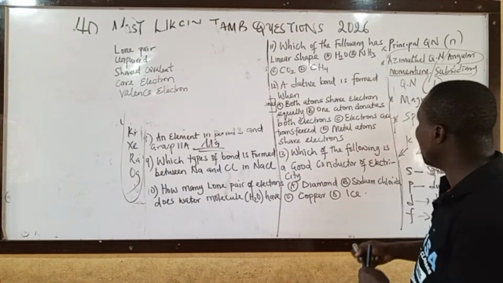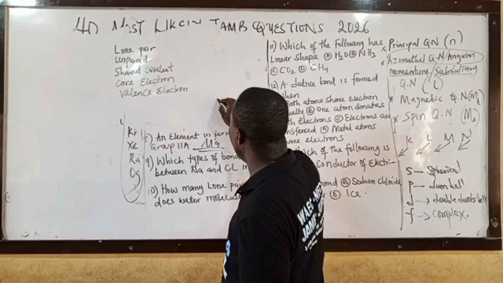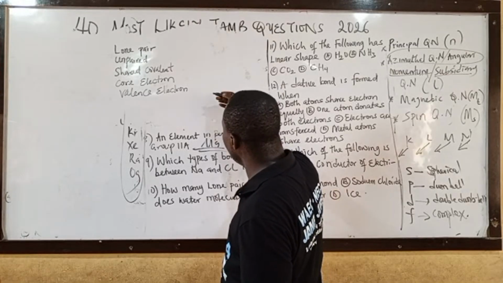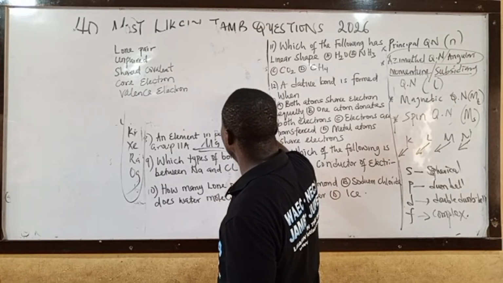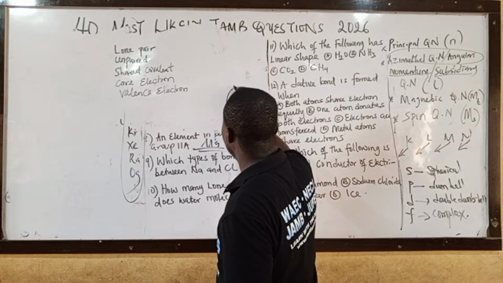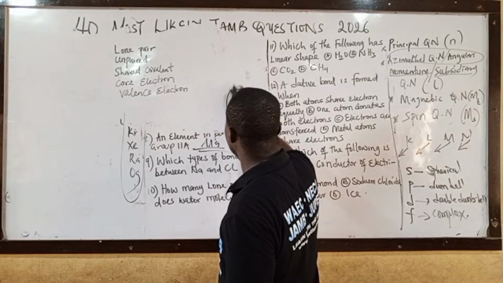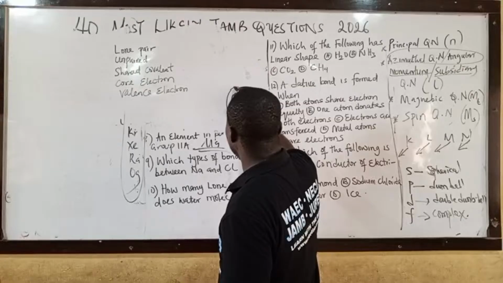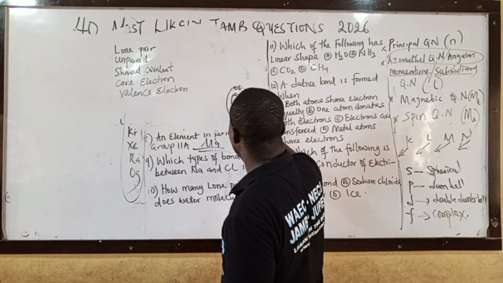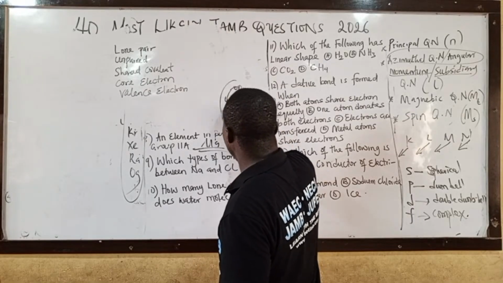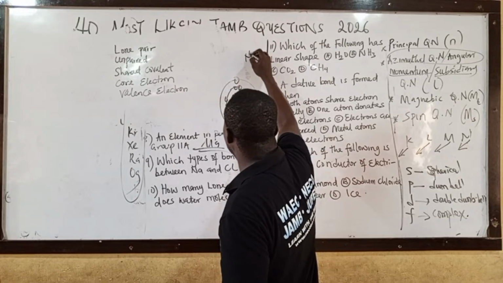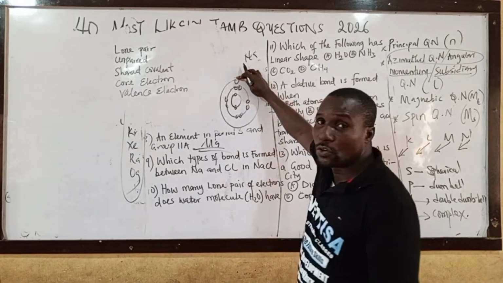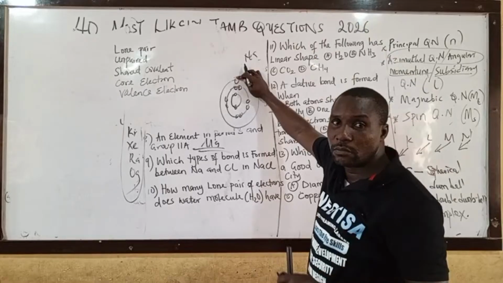For example, sodium has 1. This is valence electron, the electron on the atom shell.